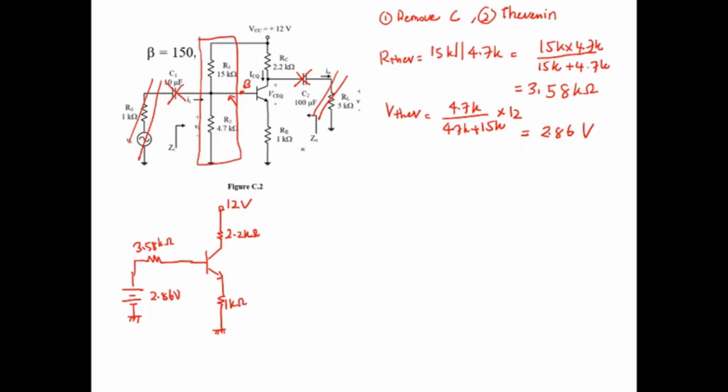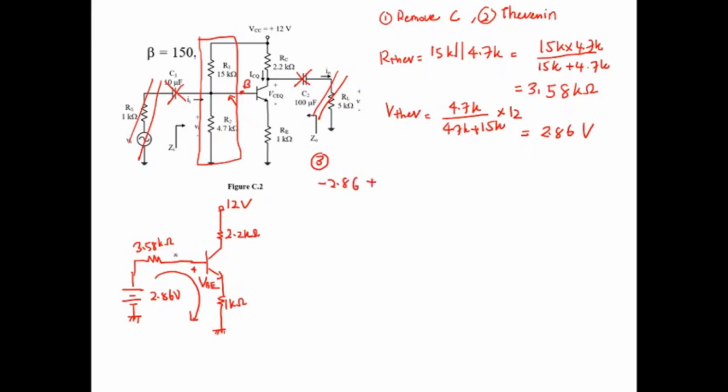Okay, and the third step is you need to do the KVL at the base emitter junction. Basically this is the input loop. So the KVL will be minus 2.86 and then plus.